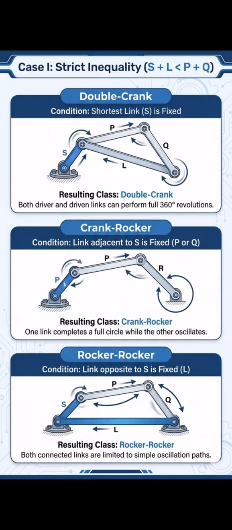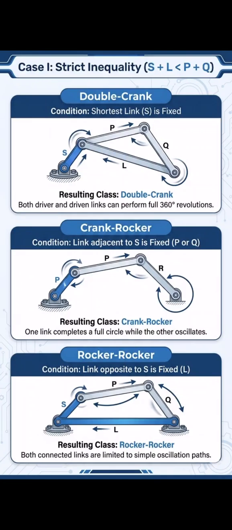Strict inequality: S plus L is less than P plus Q. Double crank: condition, shortest link S is fixed. Resulting class: double crank, both the driver and driven links can perform full 360-degree revolutions. Crank-rocker: condition, link adjacent to S is fixed.